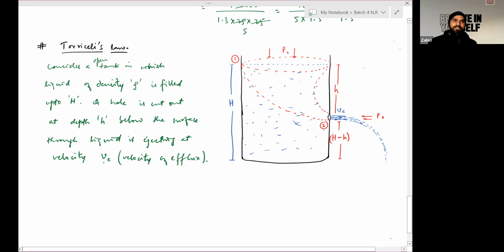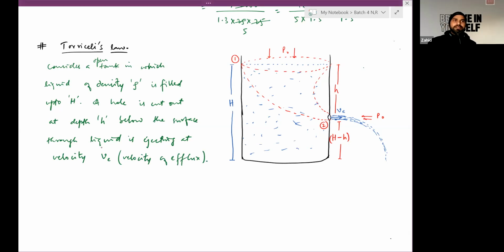So we have to calculate this VE by using Bernoulli's principle.